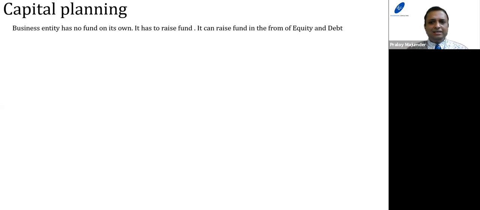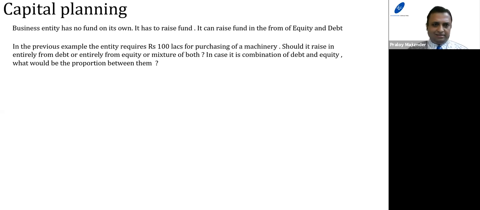Now, a business entity has no fund on its own. Always remember, every business entity is running on borrowed fund. When it is raising the fund in the form of equity or debt, you already know the meaning of equity and debt. Equity has flexibility of repayment, debt has no flexibility of repayment. So both will come as different parts. Now the business entity needs to invest 100 lakhs.